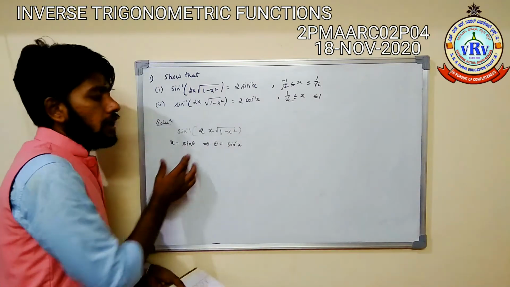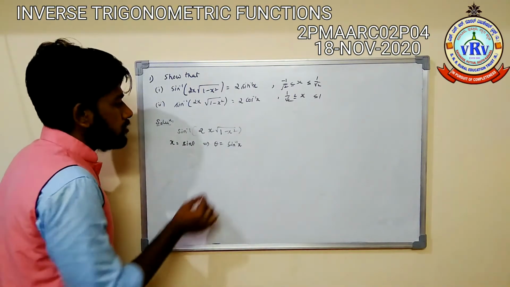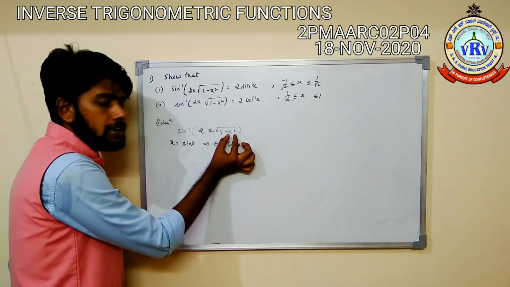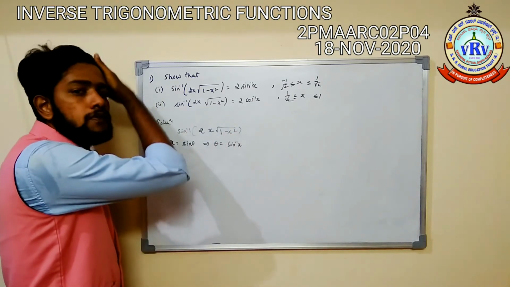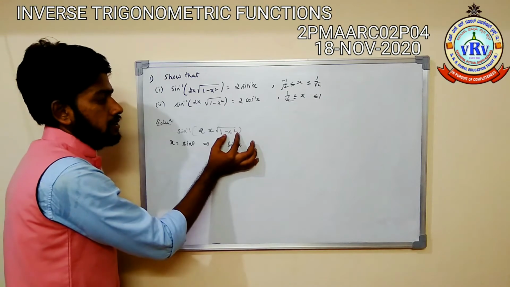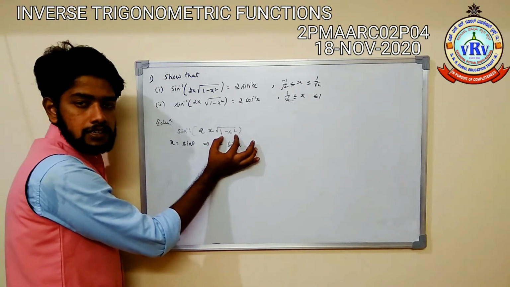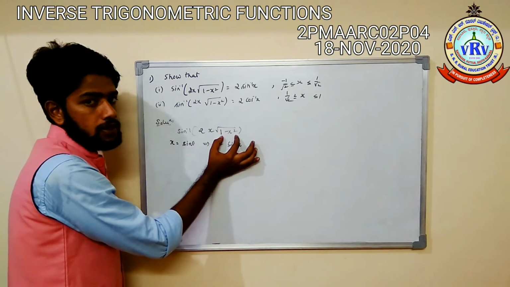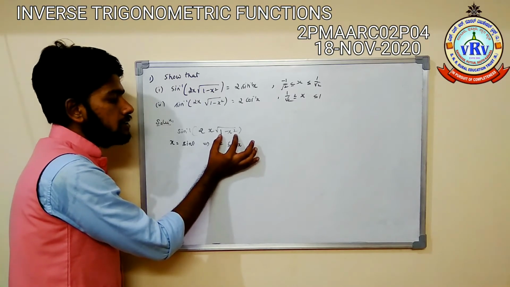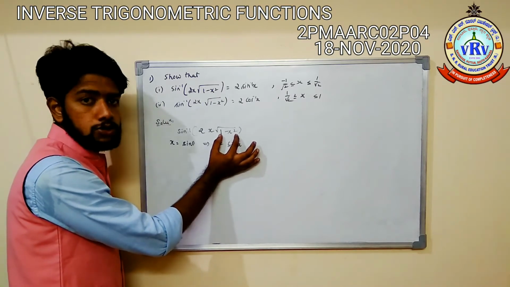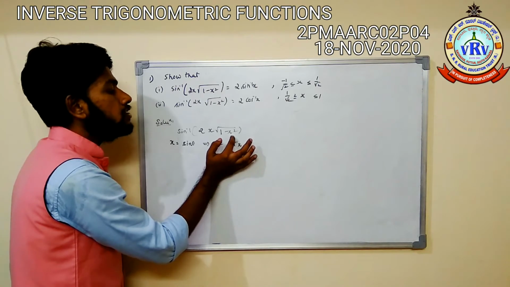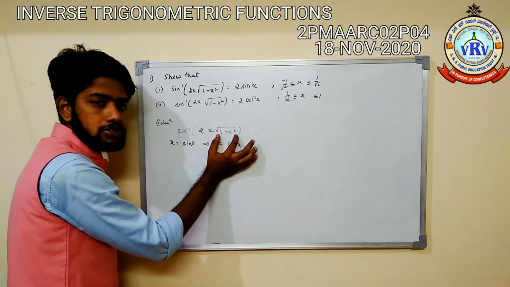Why am I substituting x as sine theta? Because if I substitute x as sine theta, it becomes 1 minus sine square theta. We know 1 minus sine square theta is equal to cos square theta. So I get inside the square root cos square theta. Then square and square root get cancelled, and it becomes cos theta.